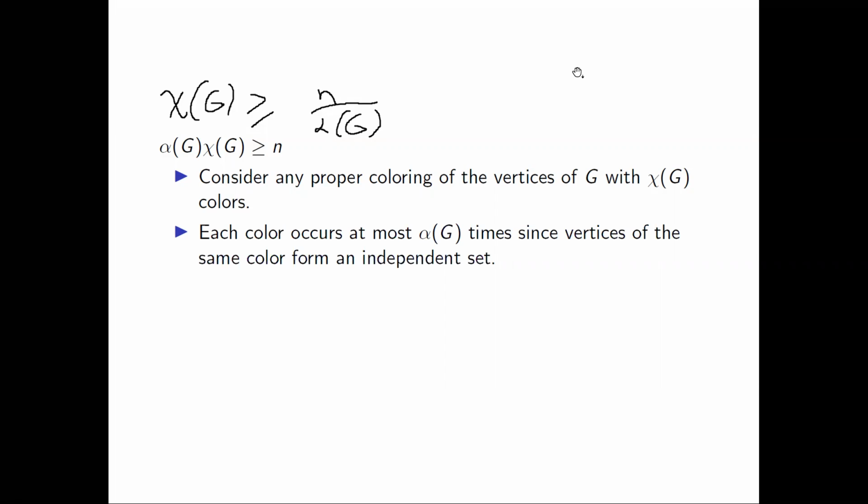Now, we noticed earlier that if we look at the set of vertices with a fixed color, that set of vertices is an independent set.